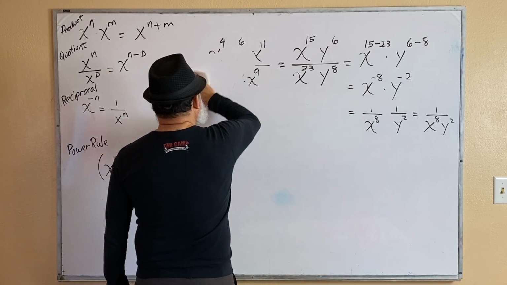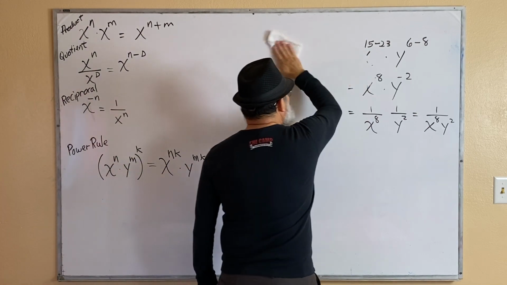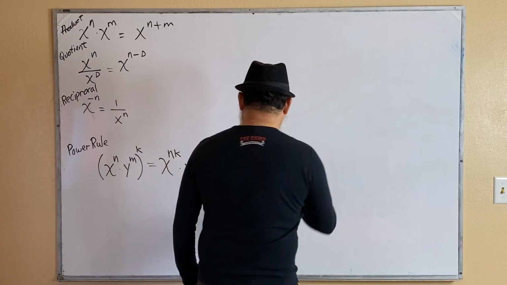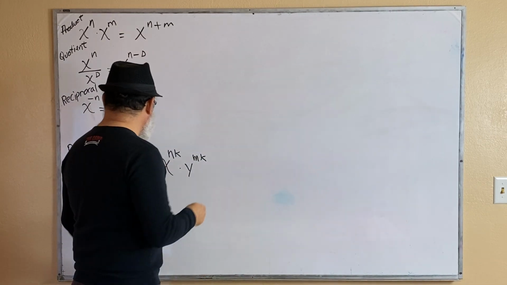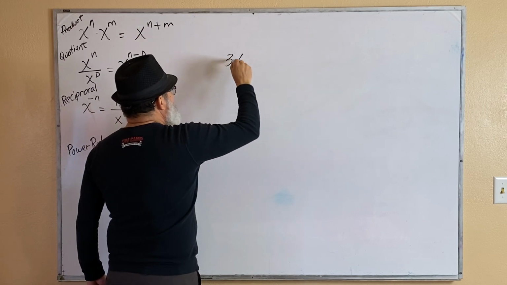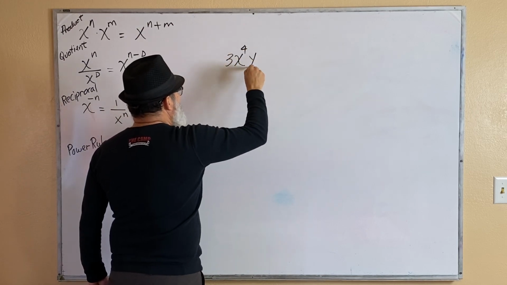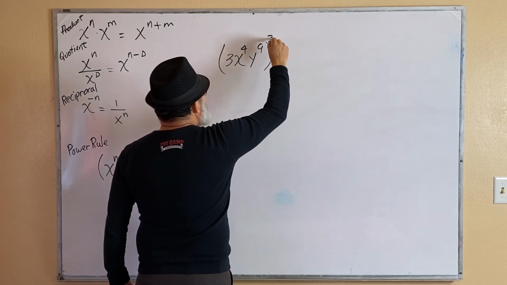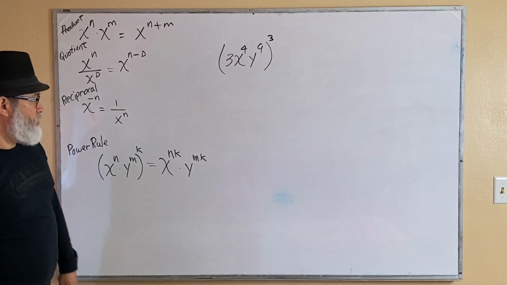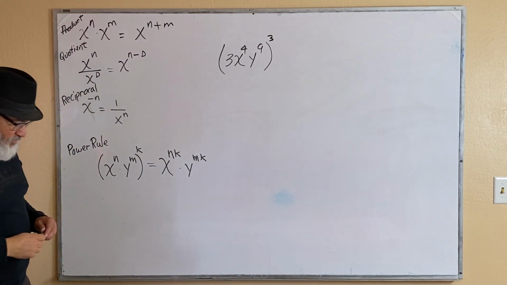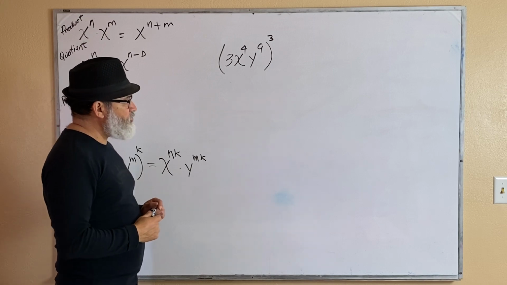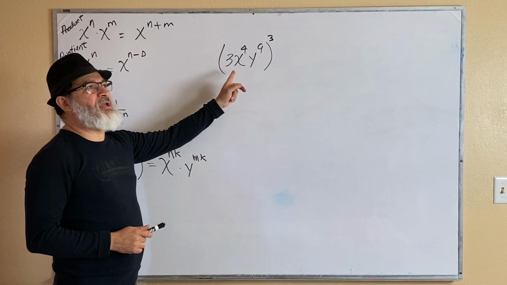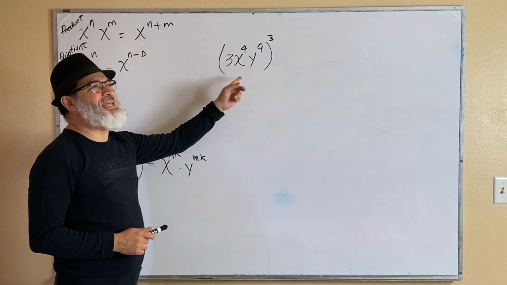Okay, here's an example. Consider, for example, 3x to the 4th, y to the 9th, raised to the 3rd. Okay? All right. So my question is, who's in the house? And what operation is happening in the house?